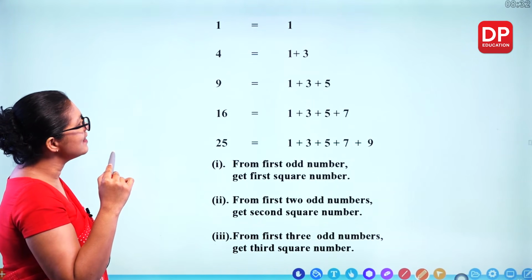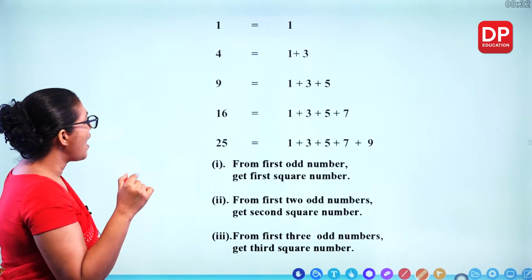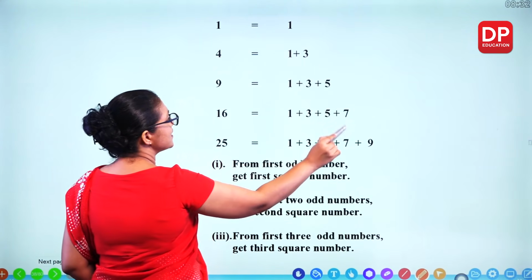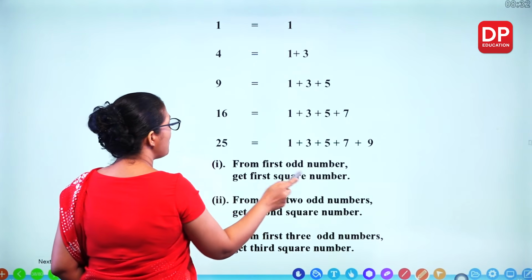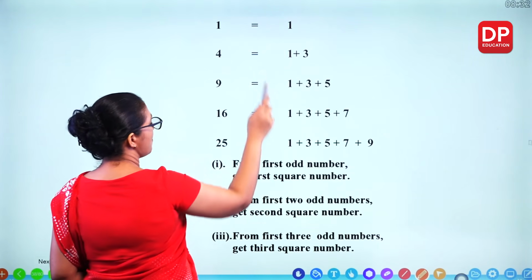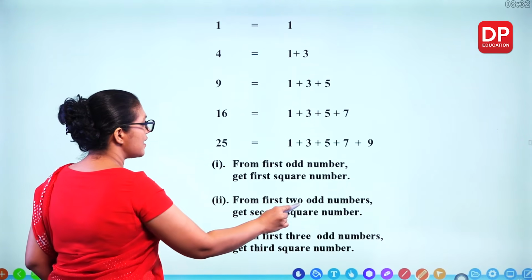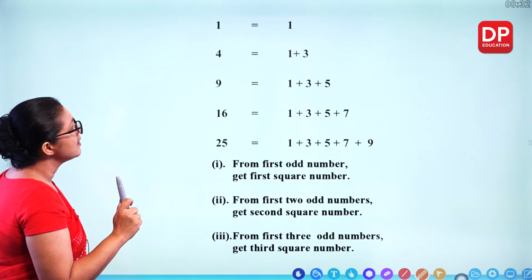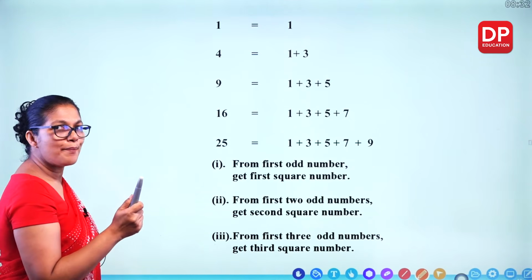Now see the pattern. How can you get square numbers? When you add odd numbers, you get the square numbers. From the first odd number, you get the first square number. From the first 2 odd numbers, you get the second square number. From the first 3 odd numbers, you get the third square number.